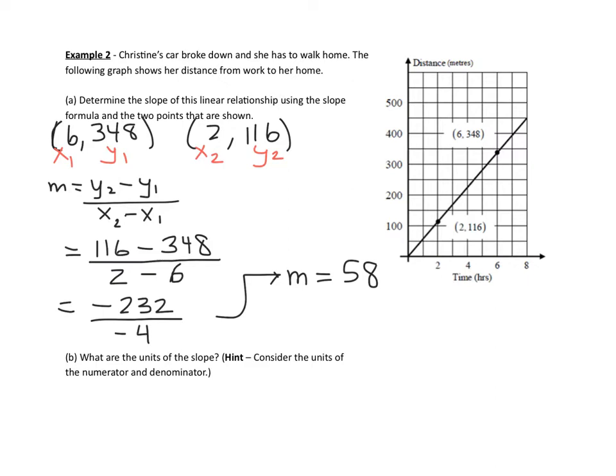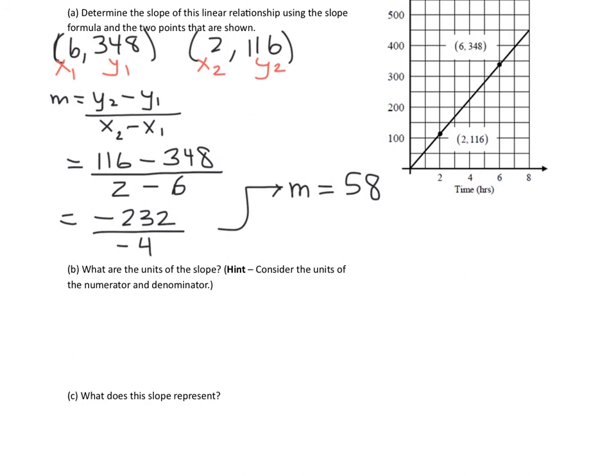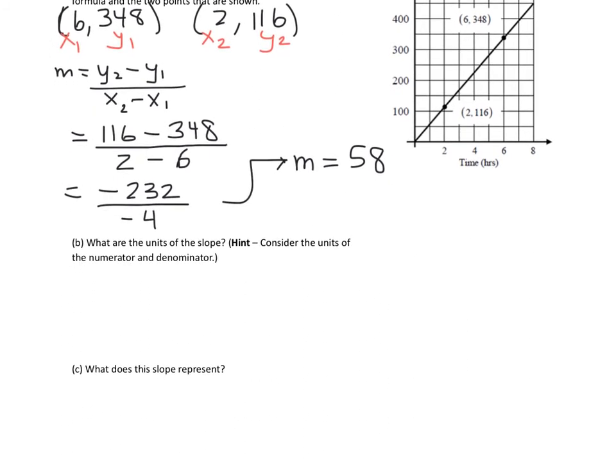But there are units attached to these values that were in our coordinate points. So part B asks us now to find the units of our slope. And as a hint, they ask us to consider the units of the numerator and the denominator. So I've recopied the slope formula that we used in part A. And what I'm going to do now is I'm going to go back with those same numbers and attach units to them.